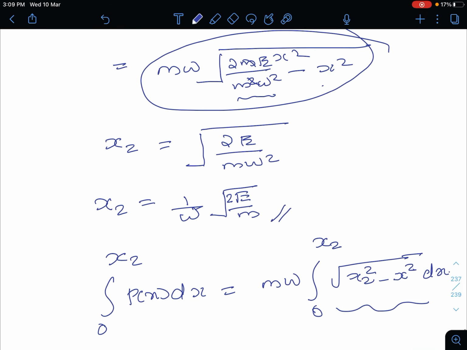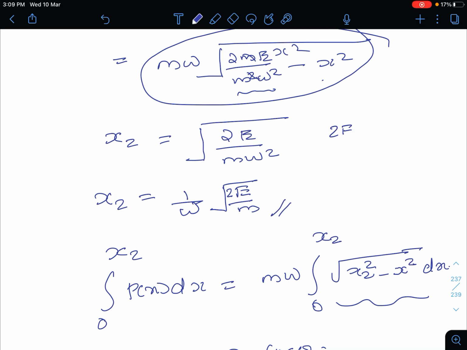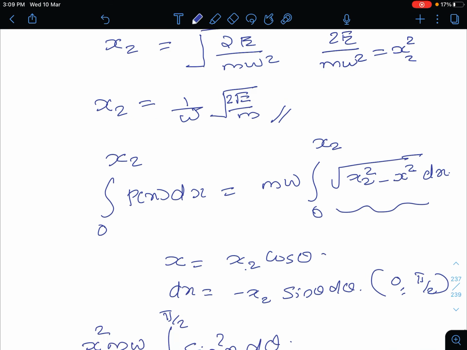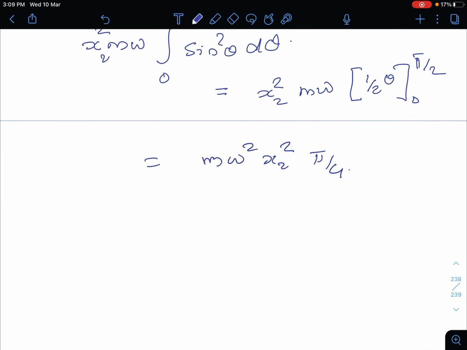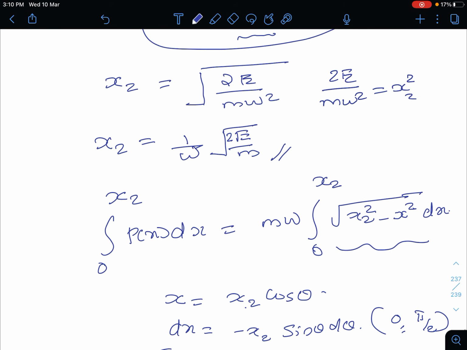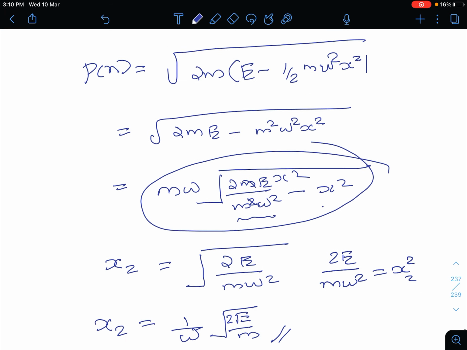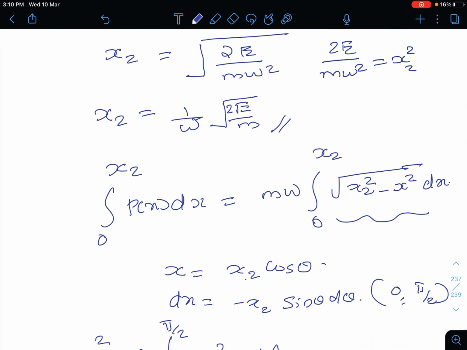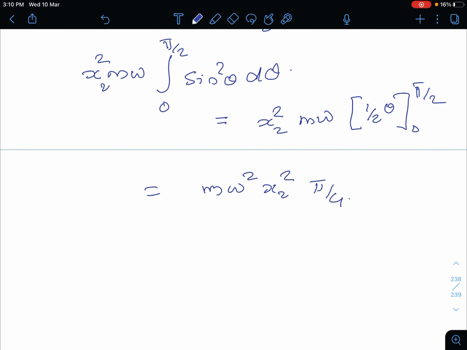But okay, 2E by m omega square is equal to x2 square.